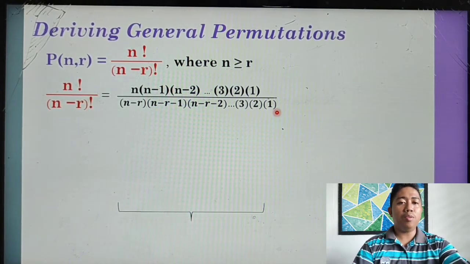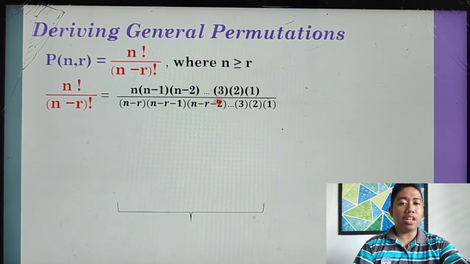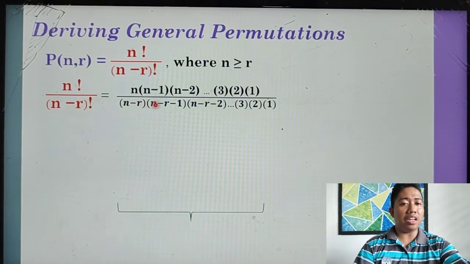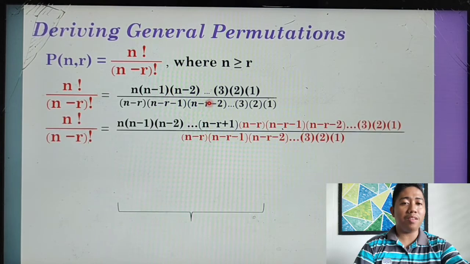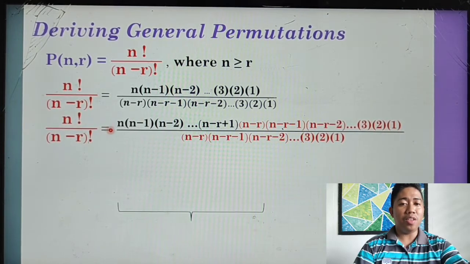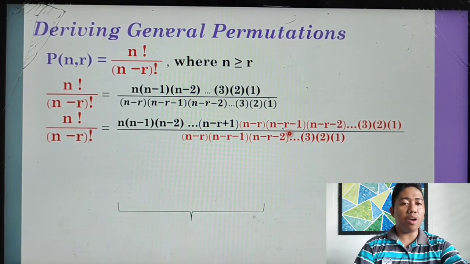But you'll be able to cancel these out. In order to cancel, we add the first few factors of the denominator, which can be expanded from the numerator. So n multiplied by n minus 1 times n minus 2 until it reaches 2. We have n minus r times n minus r minus 1 and n minus r minus 2.